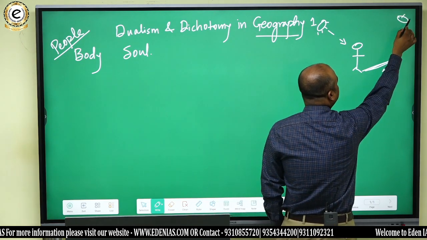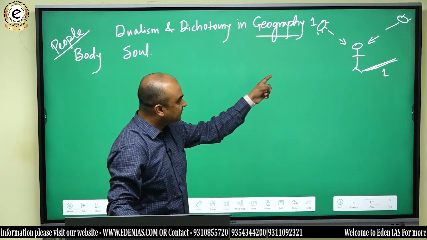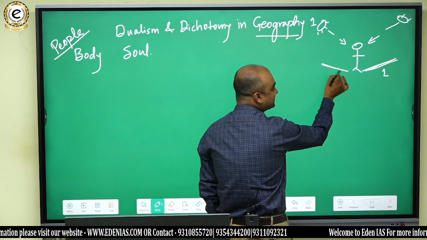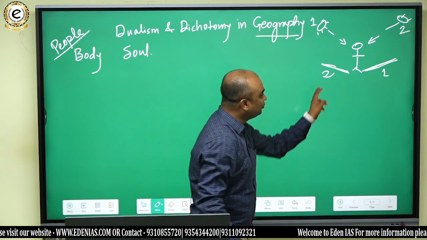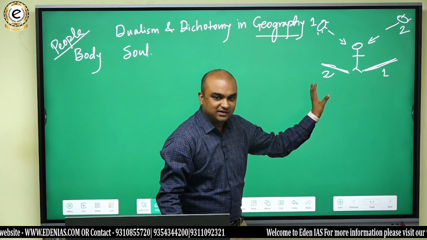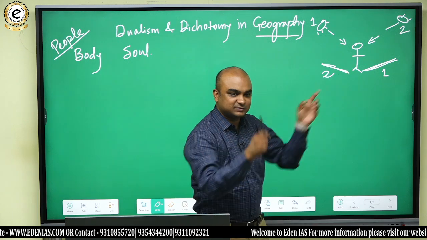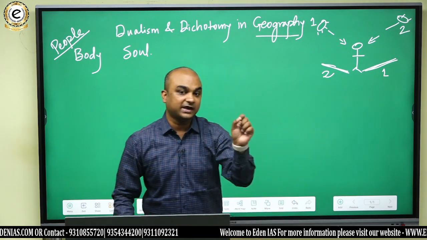Suppose there is a light source on this side as well, which is causing some light to fall upon that person. Will that also cause a shadow on this side? This would be shadow 2. This would be source 2. Now, two people might see the shadows differently. But does that mean that the person is now split in half? No, it's the same person, but it depends on how you are looking at that thing.